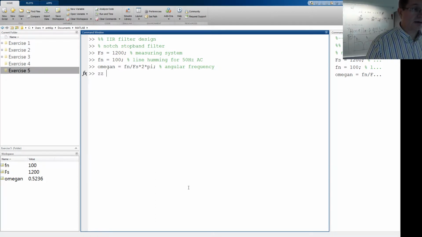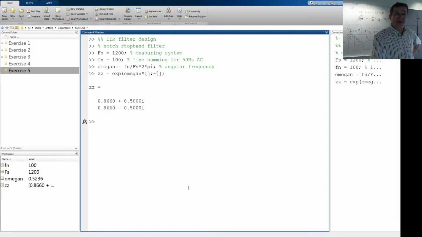So z equals exponential of omega n times j, and then times j and minus j. That gives us a complex conjugate pair of zeros which are exactly on the unit circle.